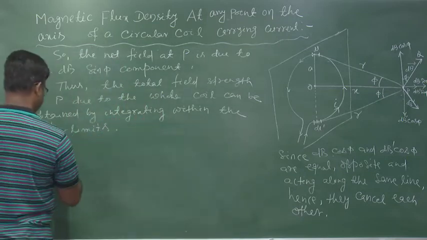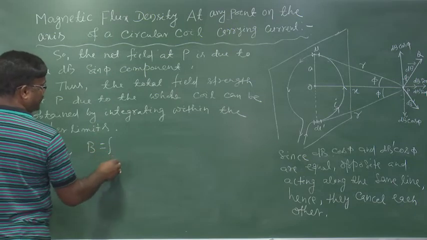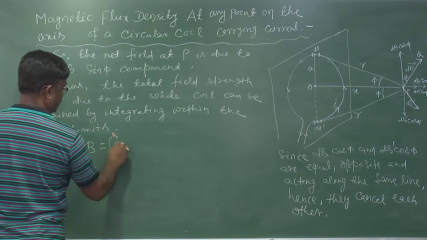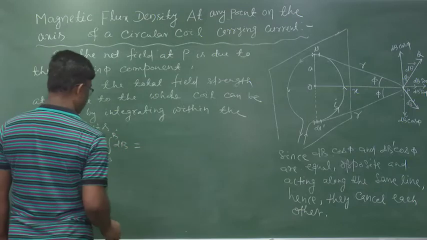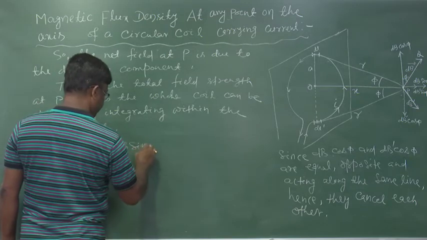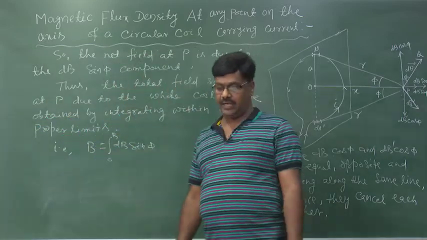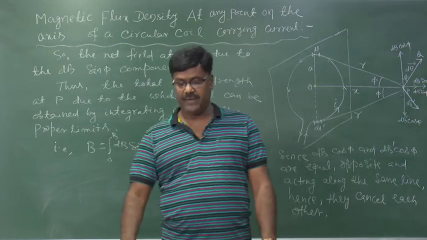That is B equal to integration of dB sin phi.